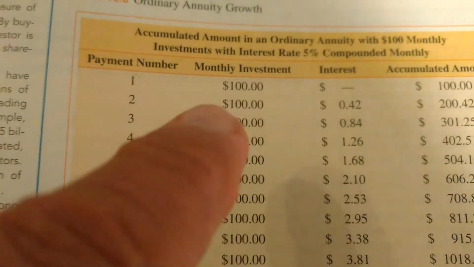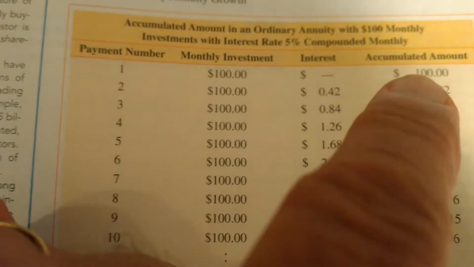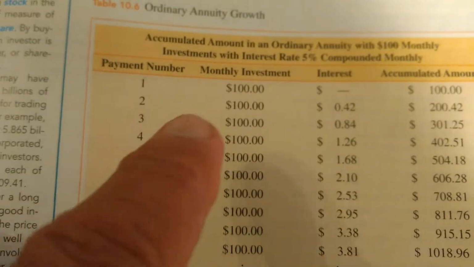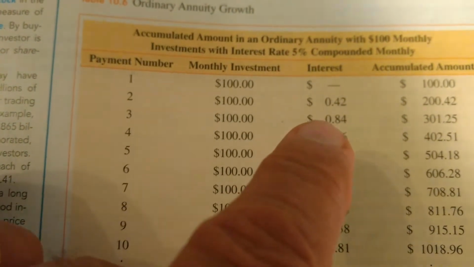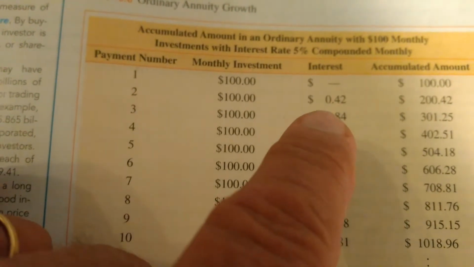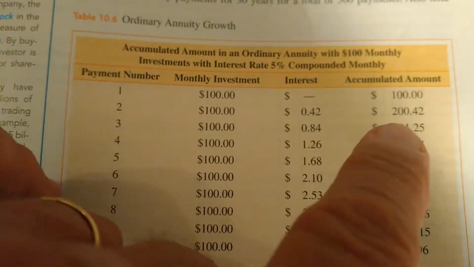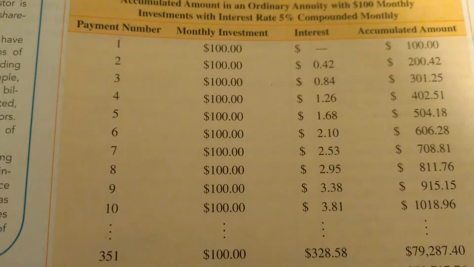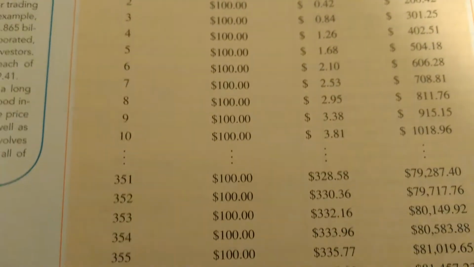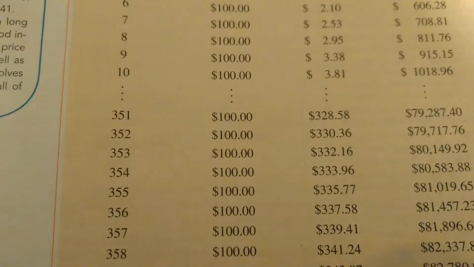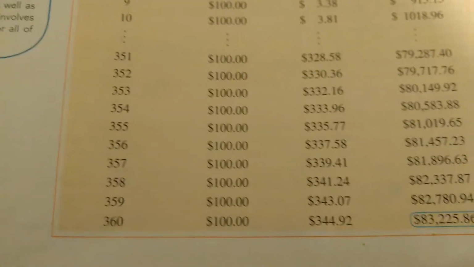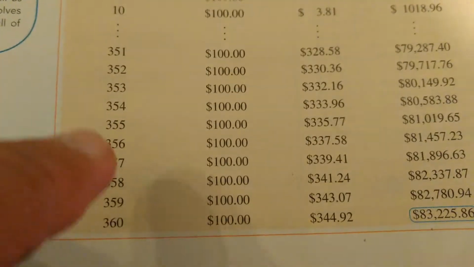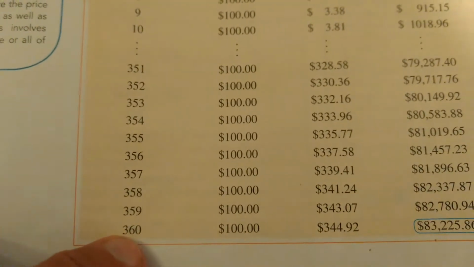So in the first month you pay $100, and you have $100 in the account. The second month you pay $100, you get 42 cents interest, and you have $200.42. The thing about this is you have to be scheduled and disciplined and pay every month. This is for 30 years, 360 months divided by 12.